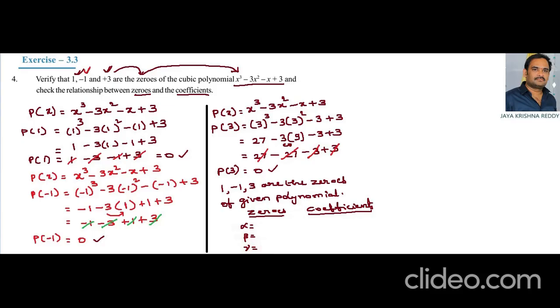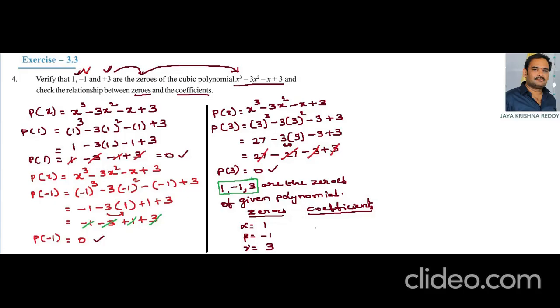The zeros are alpha value 1, beta value minus 1 and gamma value 3. These are the zeros of the polynomial. So we are writing the zeros as one number as alpha, another one as beta and another one as gamma.